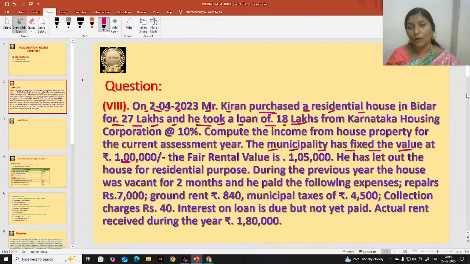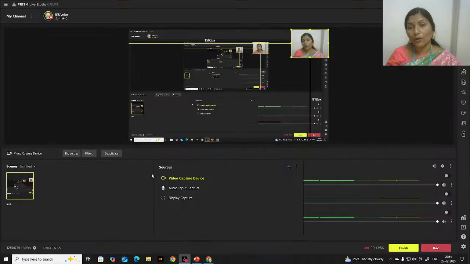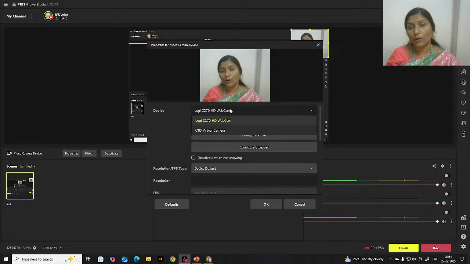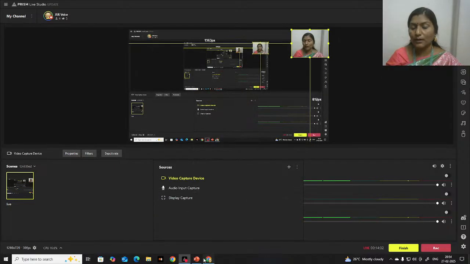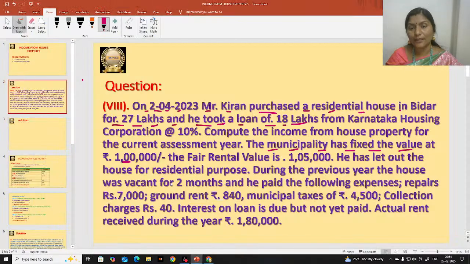Okay, they did not mention whether it is for 1 month or for 1 year. So we have to assume that it is for 1 year, because whenever they don't mention anything, it is for the full 1 year. If they mention clearly that it is for 1 month, then we should multiply by 12. If they don't mention it, then we have to take it as for 1 year.